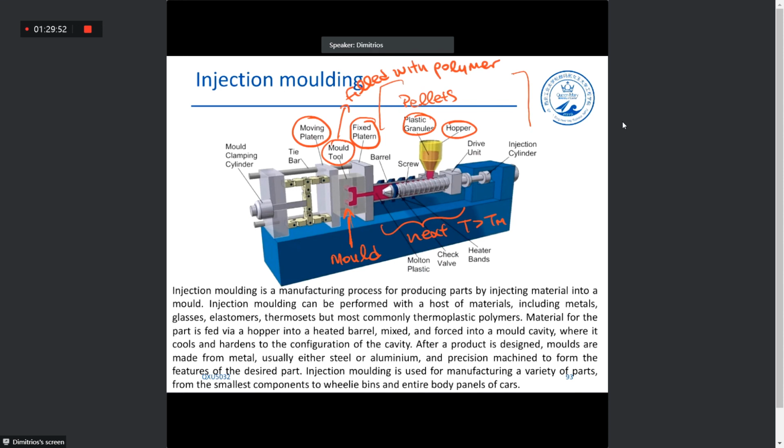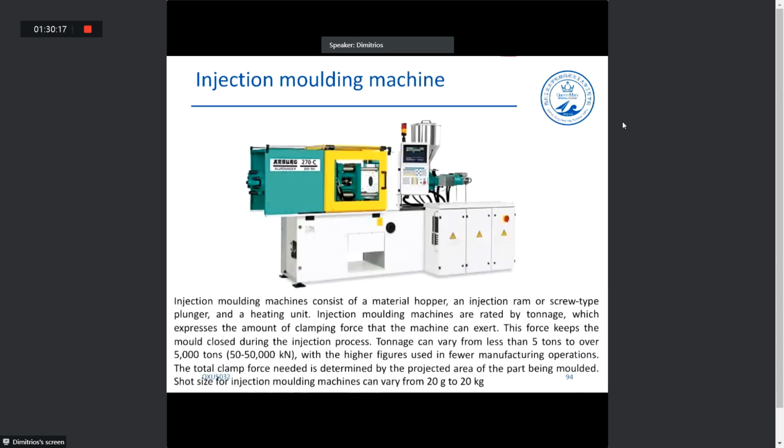This is an injection molding machine. It's not huge, but it's not a very small one. There are different types of injection molders, as you understand, similar to extruders. And we said that for the extruders, we characterize them by the length to diameter ratio. For injection molders, we essentially rate them by tonnage, okay?